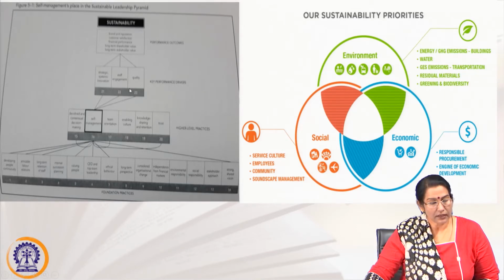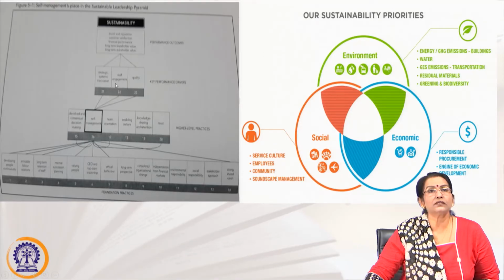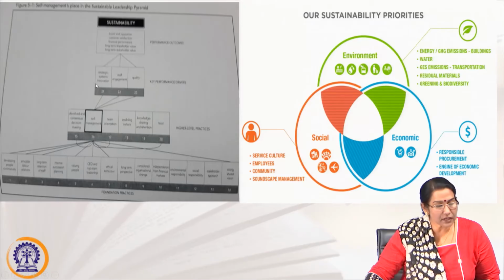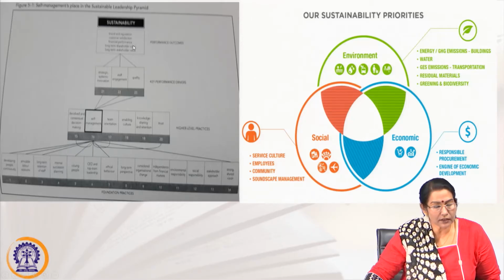Then the key performance areas: first is staff engagement, then strategic and creative innovation, and quality. These are the key performance outcomes, the drivers of any organization's sustainability or leadership sustainability.